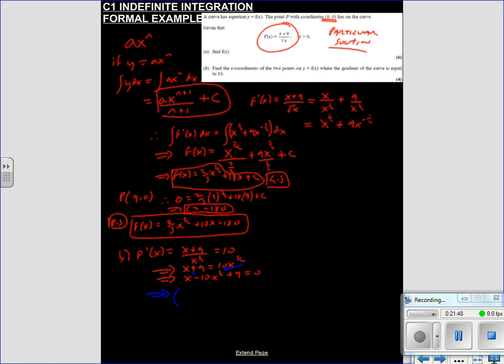So therefore, I can make this x to the half, x to the half. And what's going to make this 9 and 1, minus and minus? So I know x to the half is 1, x to the half is 9, so therefore x equals 1, squaring both sides, and x equals 81. And there we go. That's the x-coordinates of the 2 points where the gradient is equal to 10. So be really careful about that.